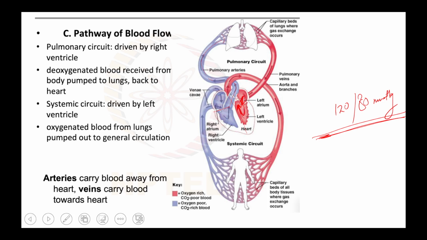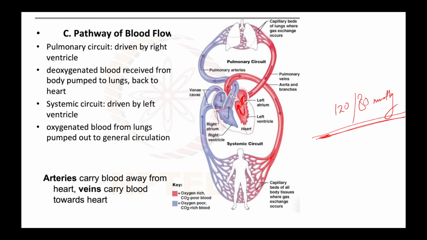The ventricle pumps the blood into the aorta with very high pressure, and then the pressure drops when it divides into the capillaries.